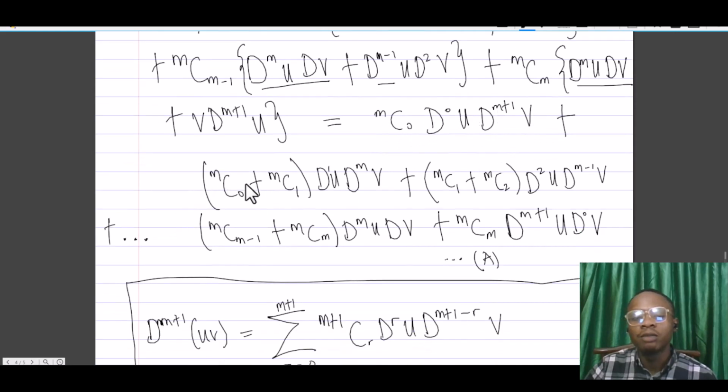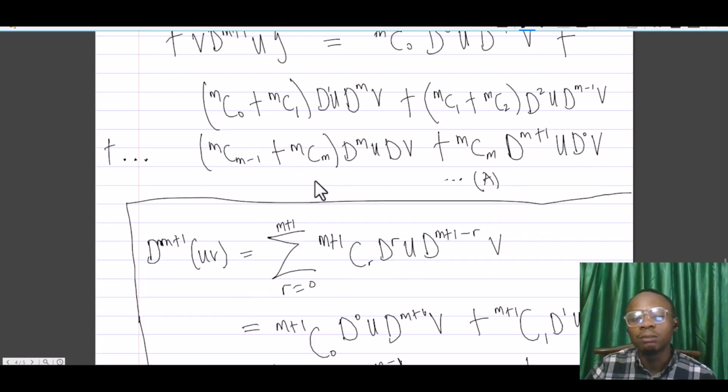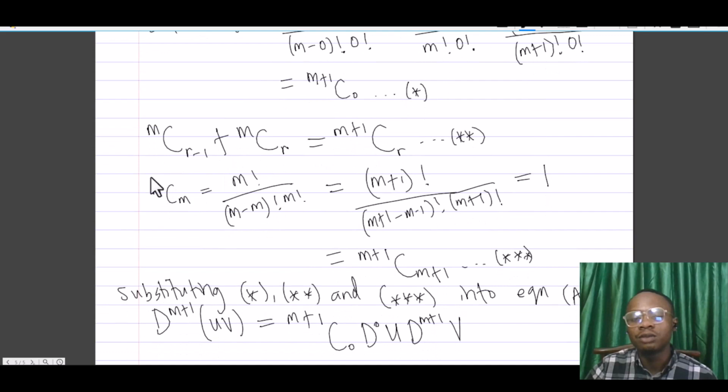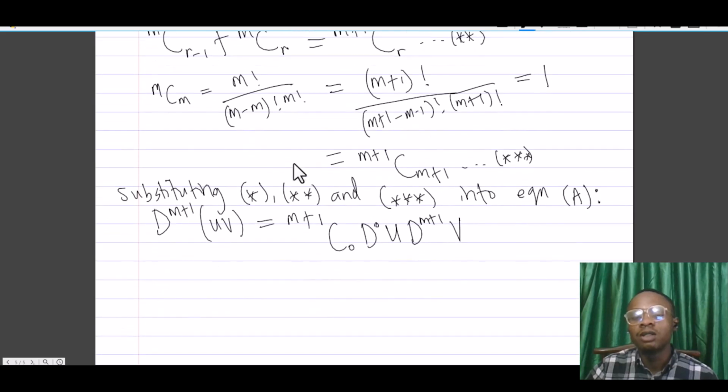Then m combination 0 plus m combination 1 will be m plus 1 combination 1, by our equation star star. So when we have something of this form, it's just m plus 1 combination r, which are the higher of the two. So the next one will be plus m plus 1 combination 1, then d1 u, then dmb.